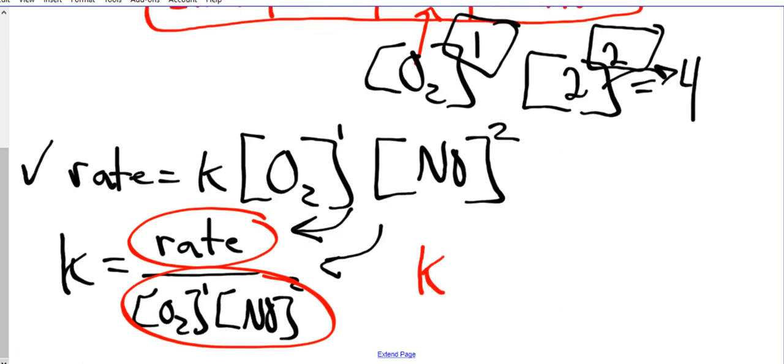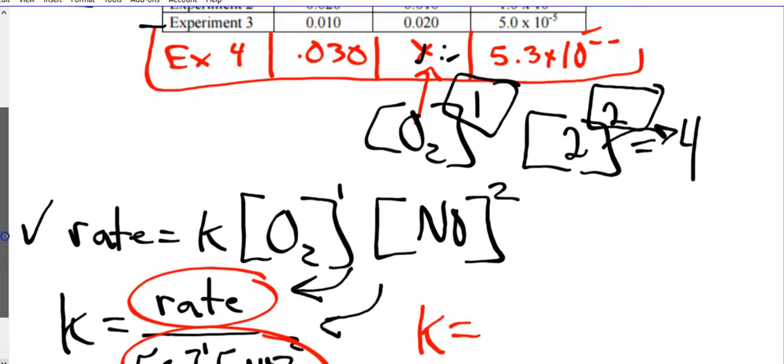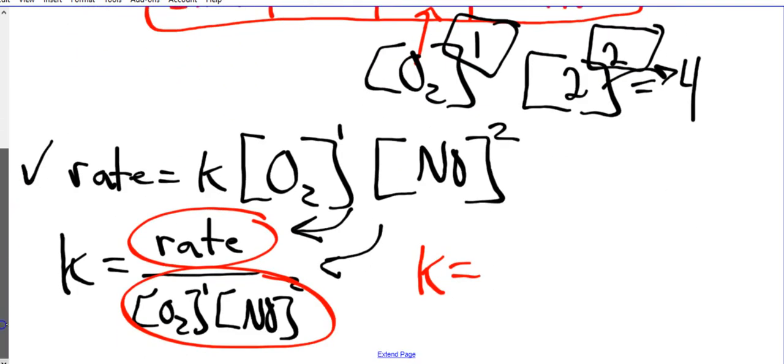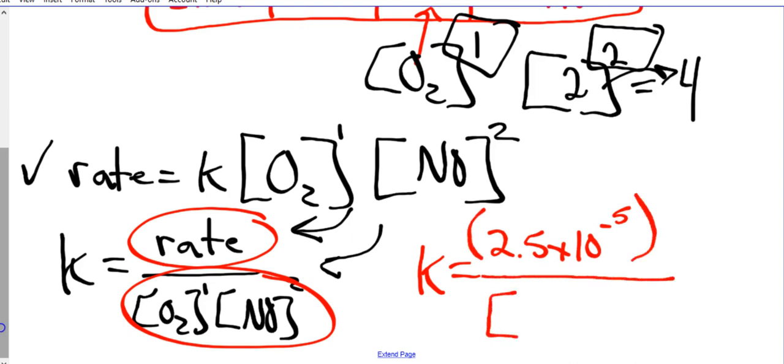So K now equals my rate. I forgot to look. 2.5 times 10 to the negative fifth divided by, was it 0.01 or 0.001? 0.01. All right, and one of them is raised to the first, and one of them is raised to the second.